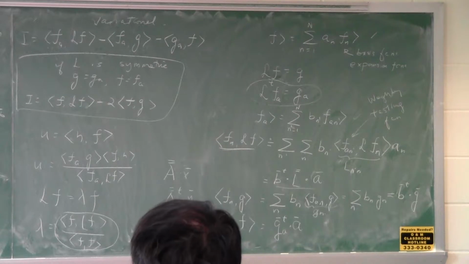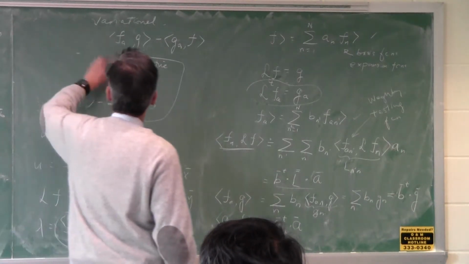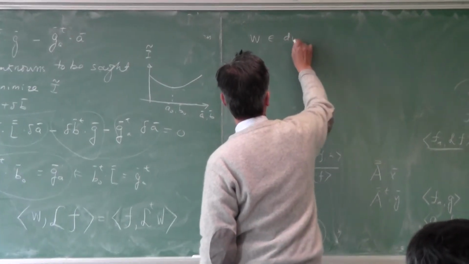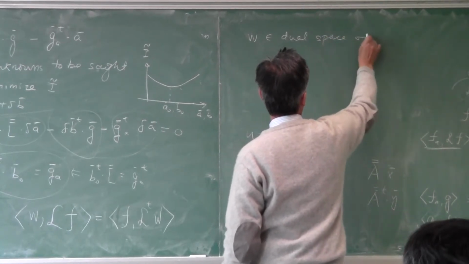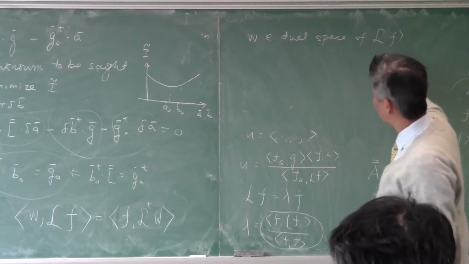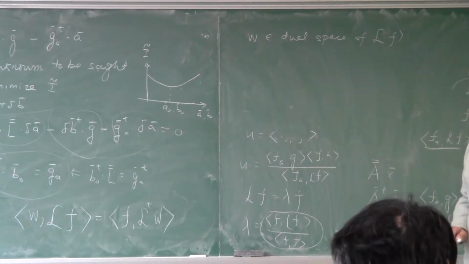But if you look at this expression, W is in the dual space of LF, because we say that any vectors that you can form an inner product with another vector, this vector is in the dual space of this. Okay, so with that identity, you can see that W is in the dual space of LF. Okay, LF forms a vector. This vector has a dual space, and W is in that dual space of LF.